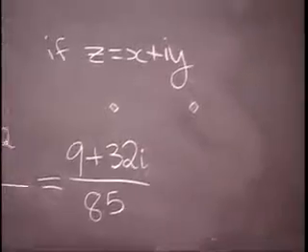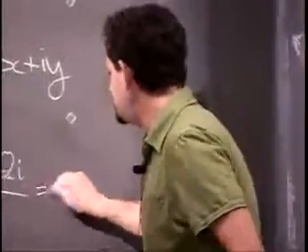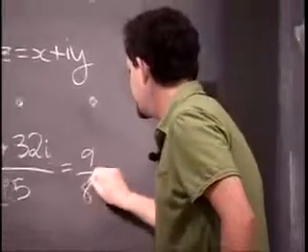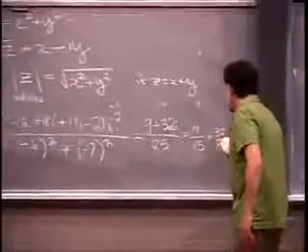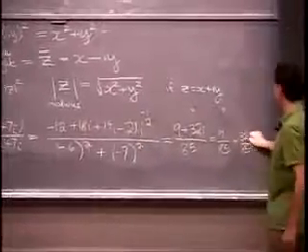It doesn't quite look like it's x plus iy, but of course you can split it up into 9/85 plus 32/85 i. And now it is in x plus iy form.